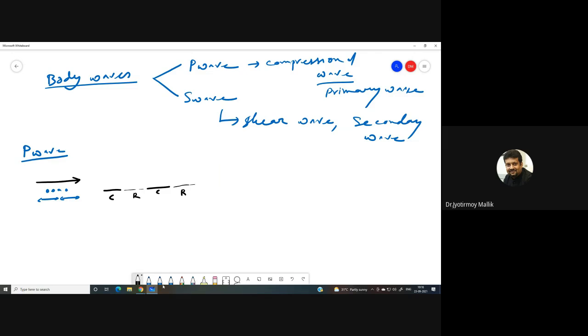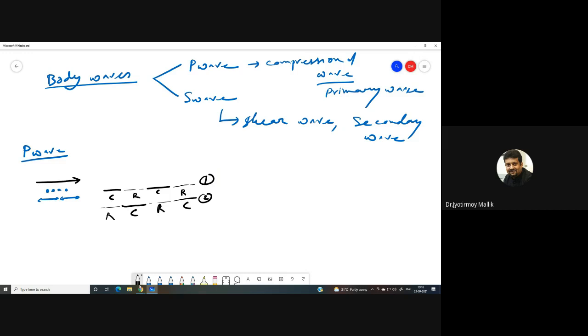This area will be converted to relax. This is time frame one, this is time frame two, and so on. This is how the P wave will propagate.